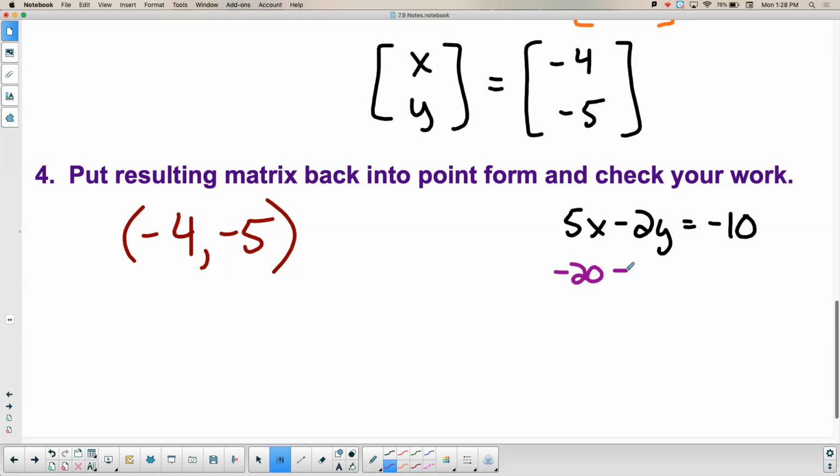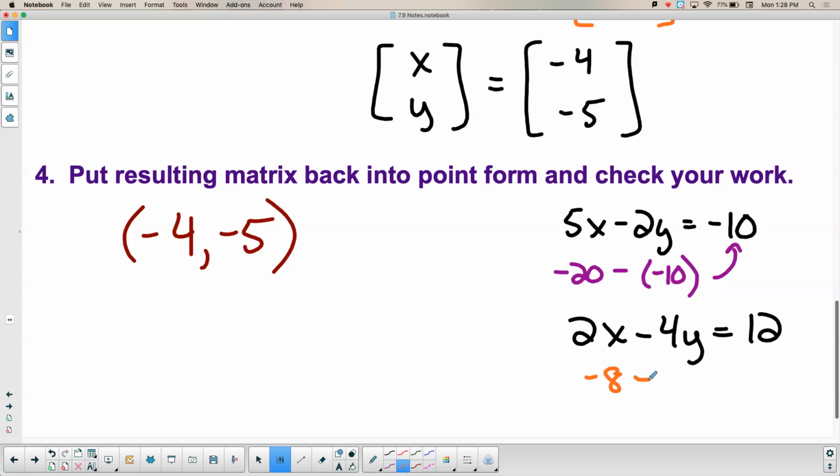If I plug in negative 5 for y, that gets me negative 10. Negative 20 minus negative 10 is negative 10. My other equation was that. If I plug in negative 4 for x, I get negative 8. If I plug in negative 5 for y, I get negative 20. Negative 8 minus negative 20 is positive 12. Works out. So that is my answer.